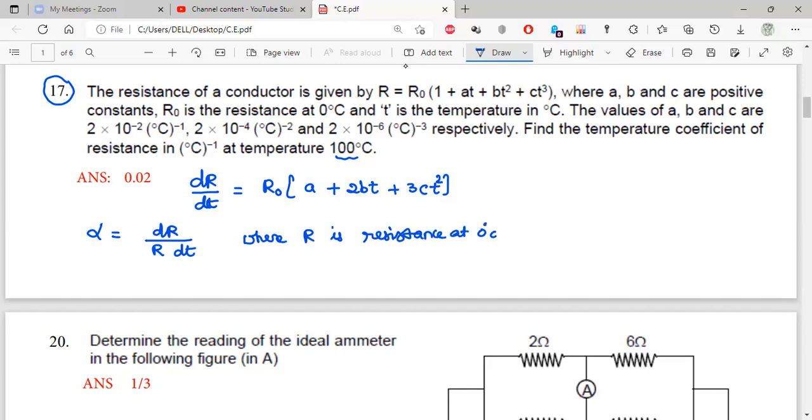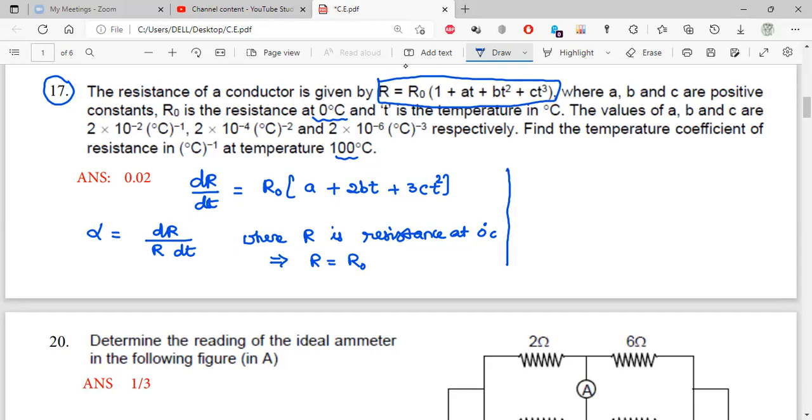If I put T equals 0 in this equation, I get R equals R naught.